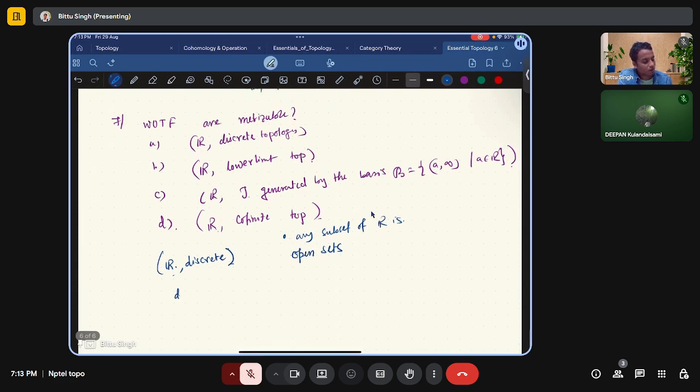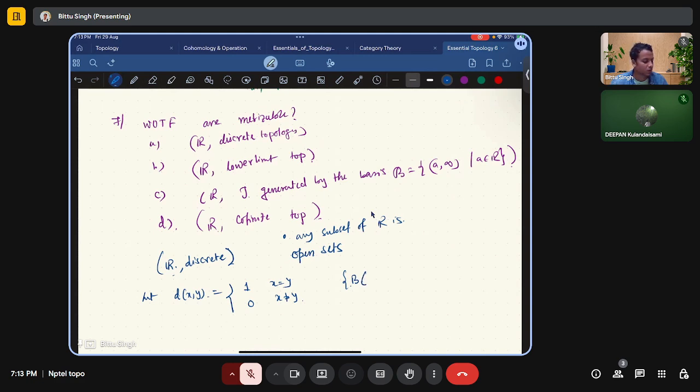So consider the metric d(x, y), which is 1 if x is not equal to y and 0 if x equals y. Then this generates a topology, right?